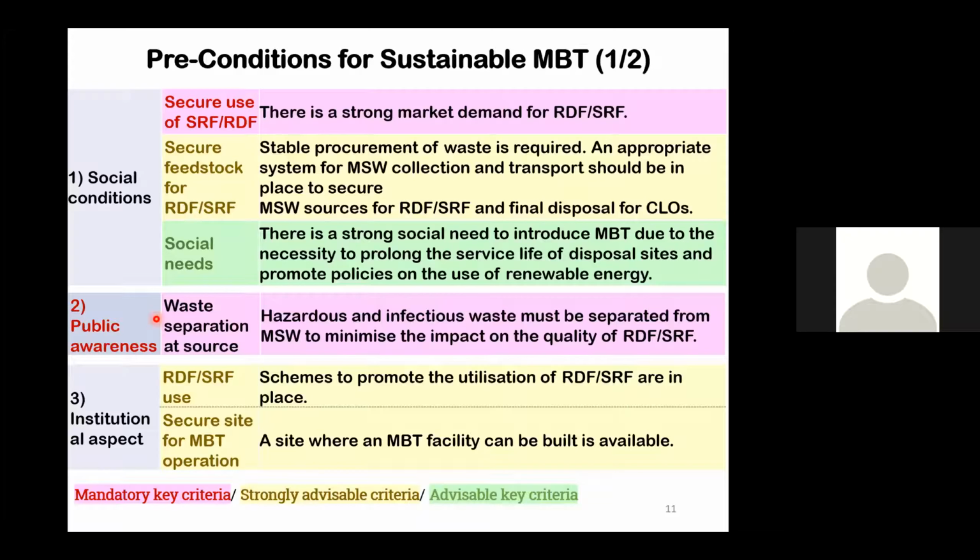And for the institutional aspect, schemes to promote the utilization of RDF or SRF should be in place. Securing a site for MBT operation is also strongly advised.